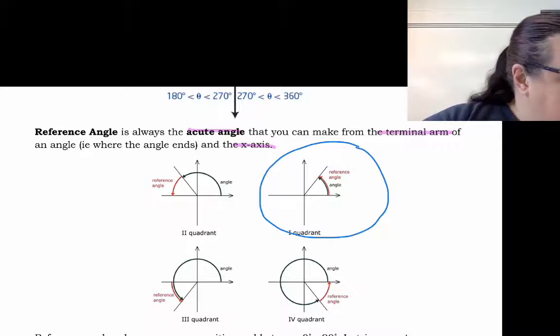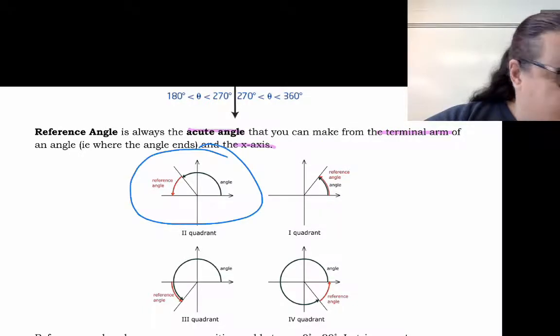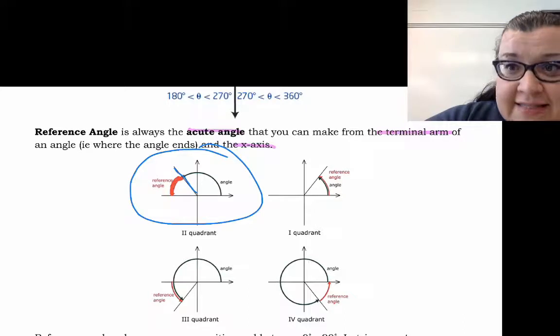Okay. In the second one, when our terminal arm is here in quadrant 2, our reference angle is the angle formed here between the terminal arm and the closest x-axis. So it's this angle. Okay?